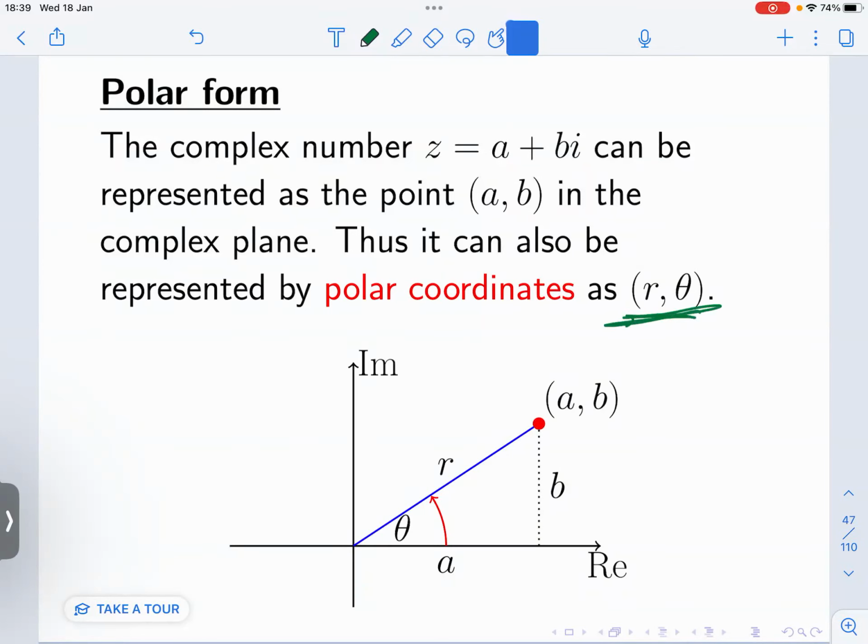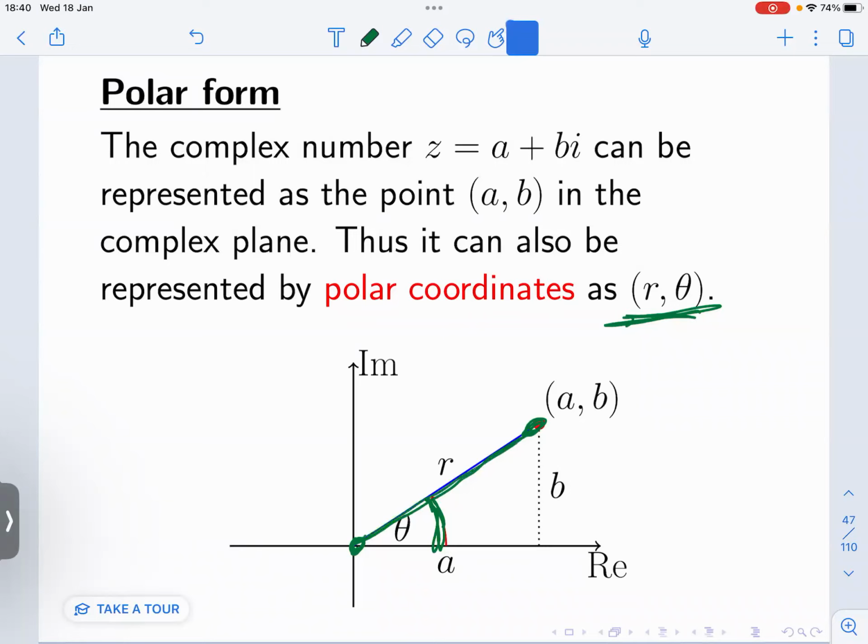Here r is the non-negative distance from the origin to that point, and theta is the angle that the line makes with the positive real axis. We may use these polar coordinates to identify any point of the complex plane, and we should be able to move from rectangular form to polar form, and from polar form back into rectangular form.